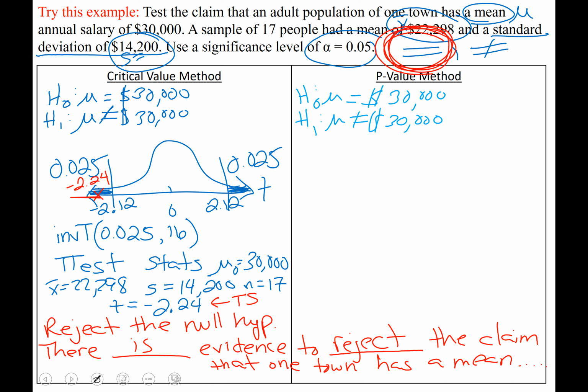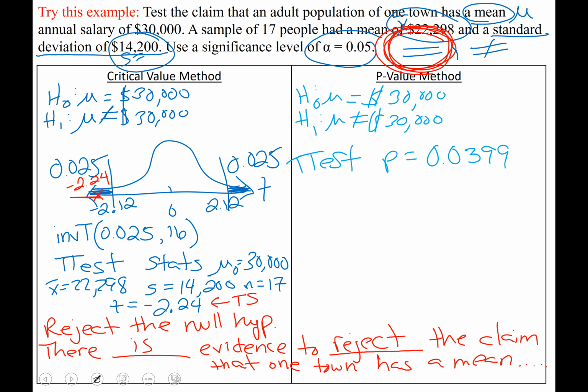No graph necessary though. We go straight to the t-test, and we're looking for the output that says p equals. If you turn your calculator on, it's probably still on your screen. It's 0.0399, I'll go with, approximately.